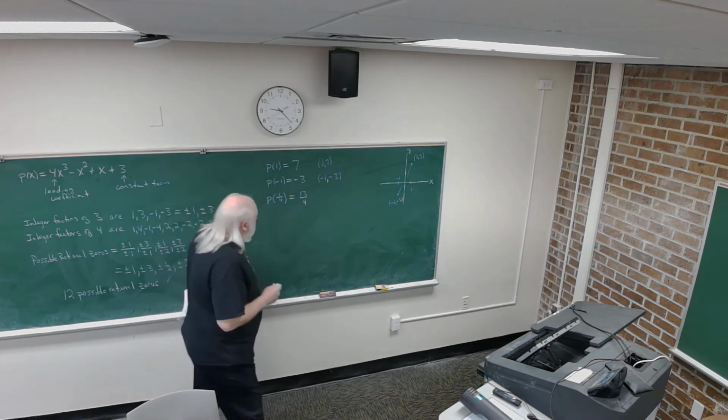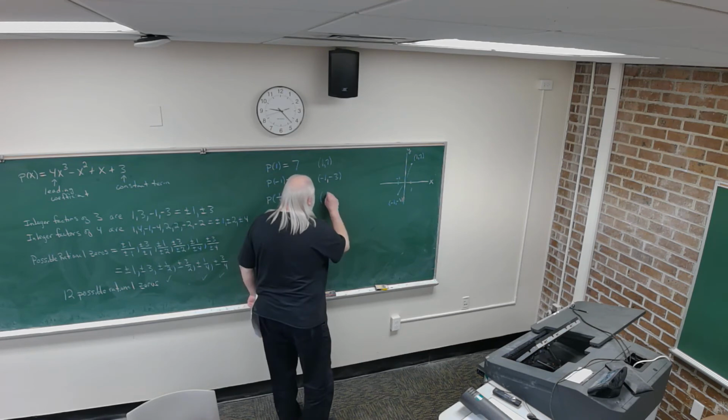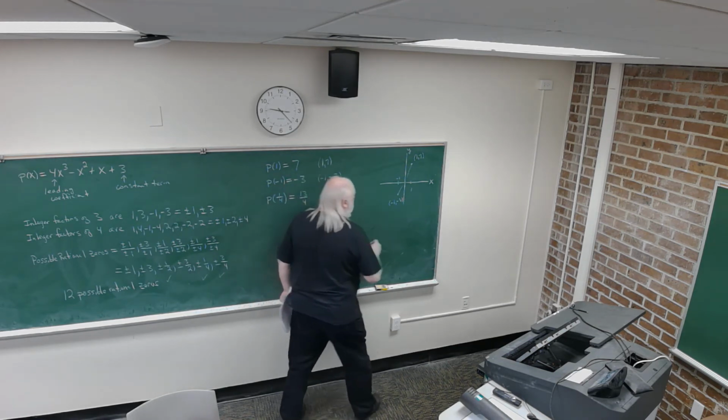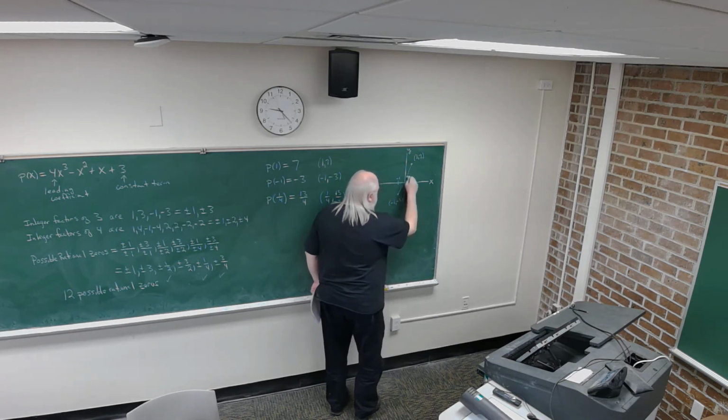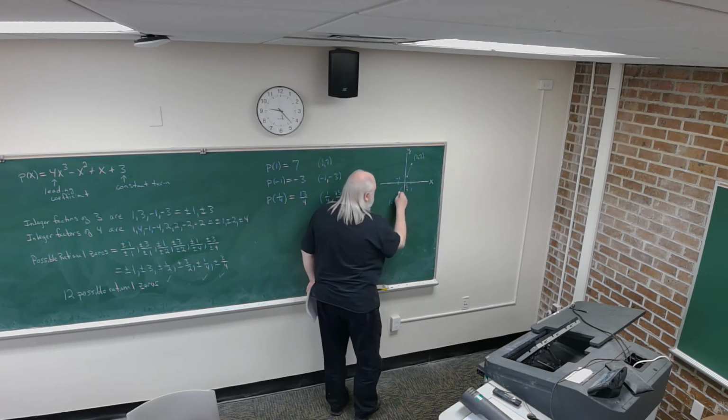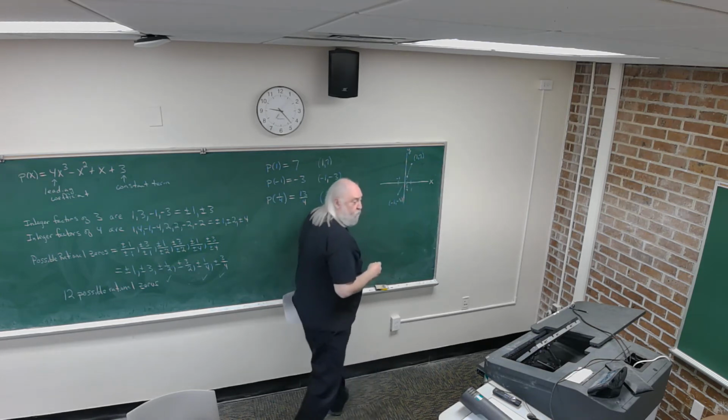Well, that means the point (1/4, 13/4) is on the graph, which is just to the right of the origin, okay? And so this point's above the x-axis, this one's below. So somewhere this polynomial has to cross the x-axis between -1 and 1/4.